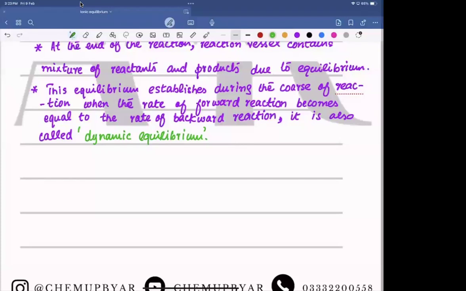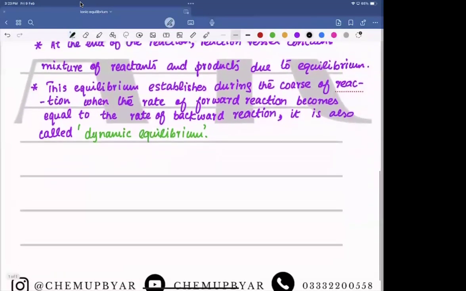No more product will form and no more reactant will be used up. So the reaction appears to stop, and that's what we call dynamic equilibrium. Is this clear to all of you? Yes, sir.